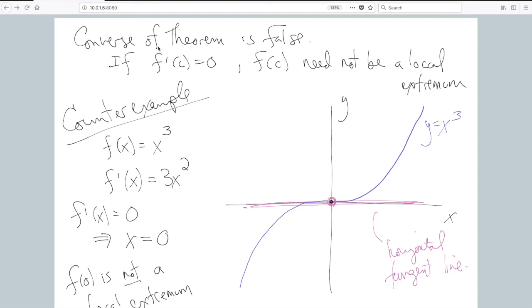If local extreme values happen, they will solve f prime of x equals 0. But f prime of x equals 0 does not imply that you have a local extreme value. And this is the classic example of that. We will see this in action much more as we continue our treatment of extreme values of functions in part 2 of this lecture.